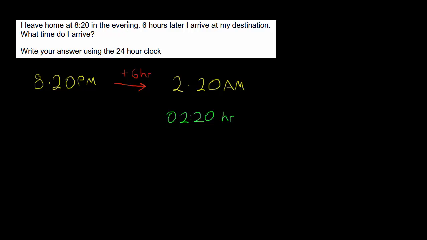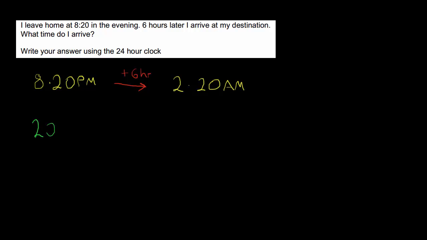But of course what you could do instead is, instead of thinking about it in terms of converting at the end, you could convert at the beginning. So for example, I look at 8:20 PM and I think, okay, what is that in 24-hour clock convention? Well, it's after 12, so I have to count 8 hours after 12. So it's 13, 14, 15. That takes us to 20.